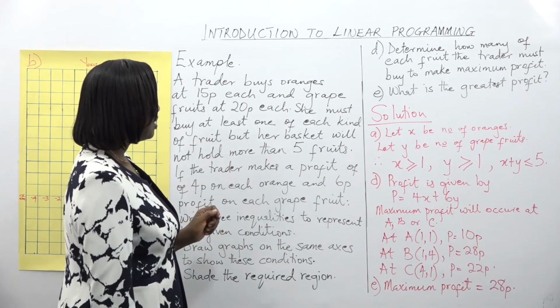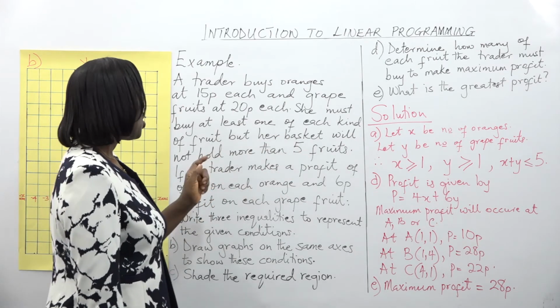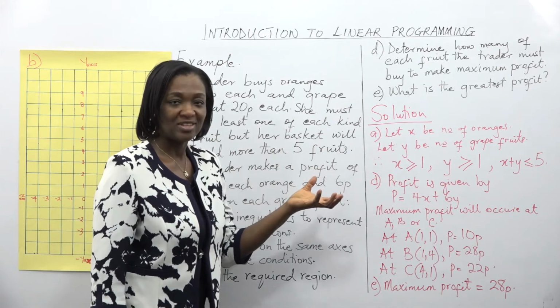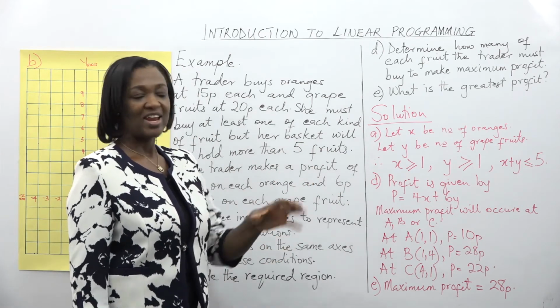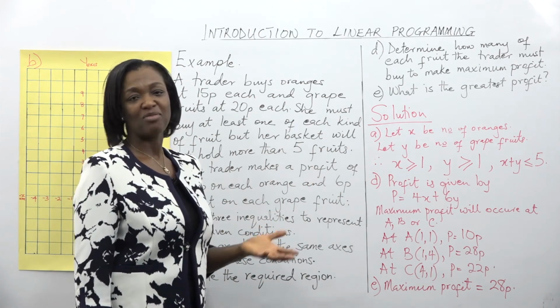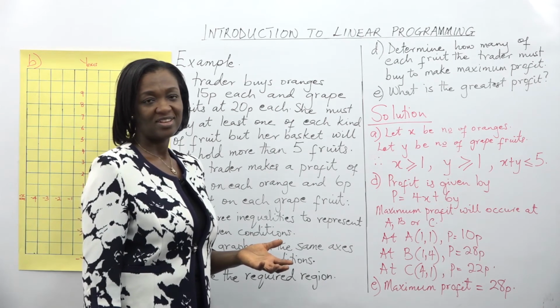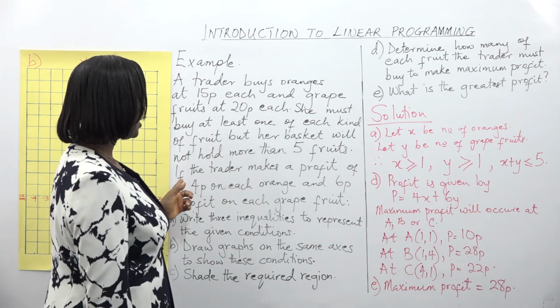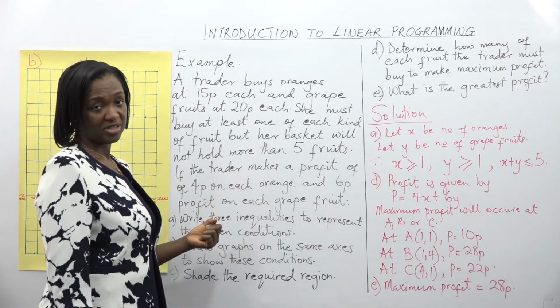Also, her basket will not hold more than 5 fruits. That means that in her basket, she can't have more than 5 fruits. So that's another condition, before we start talking about the profit.